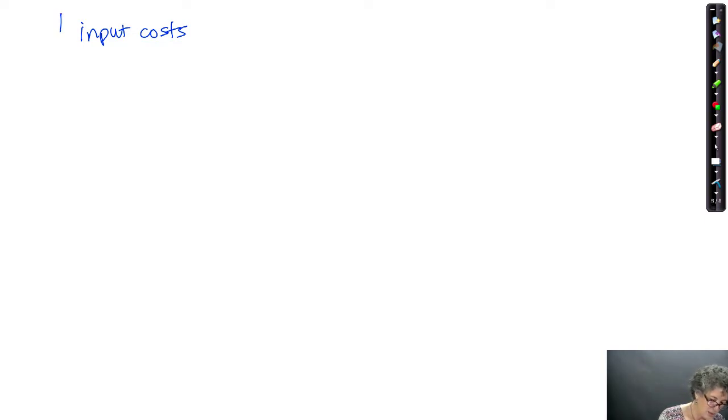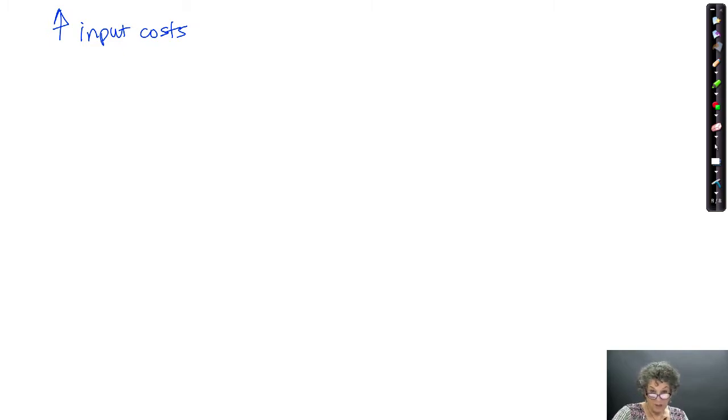So suppose there's an increase in input costs. So suppose it becomes more expensive to produce each 6-ounce cup of chocolate-flavored frozen yogurt. Well, if it's more expensive to produce each 6-ounce cup, then at any given price, $1, $2, $3, the seller will not want to sell as much of the product.